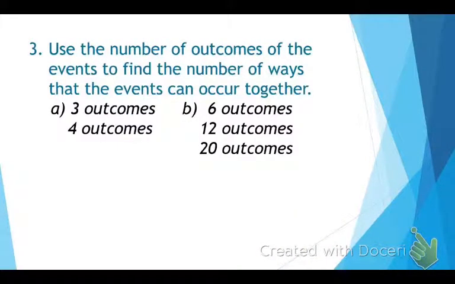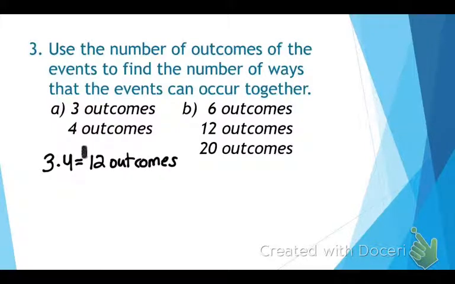Number 3 says to use the number of outcomes of the events to find the number of ways that the events can occur together. Trey, what did you do for problem A? Okay, then help me out now. If I've got 3 outcomes and 4 outcomes, what should I do to get the answer? Multiply it together. So what do you get? All right, 12 outcomes. Very good job.